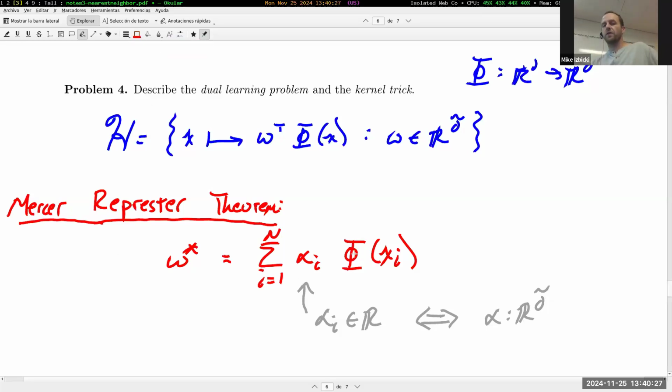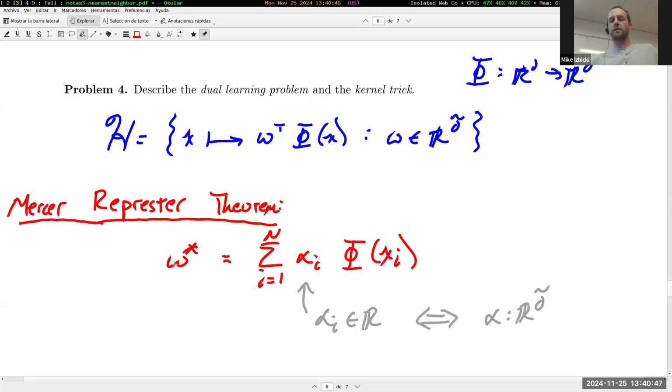And again, this phi function is our feature map that is taking all of our data points and projecting them into some larger data space. But the output of this phi function is always in R to the d tilde, the same dimension as w, w contained in R to the d tilde.